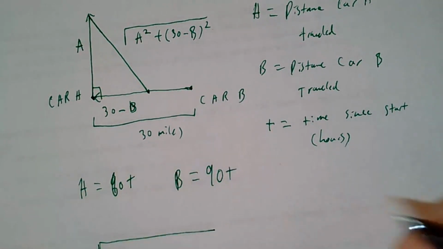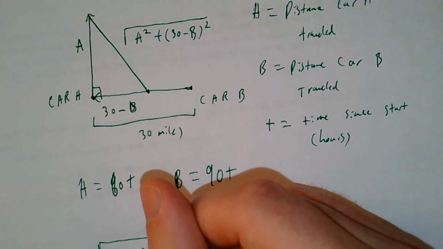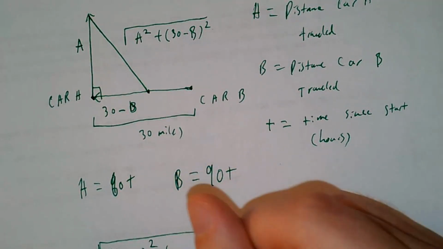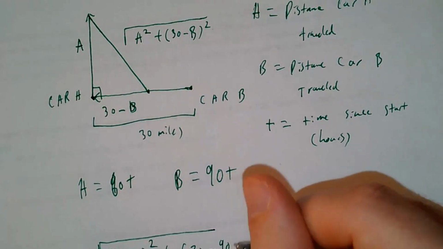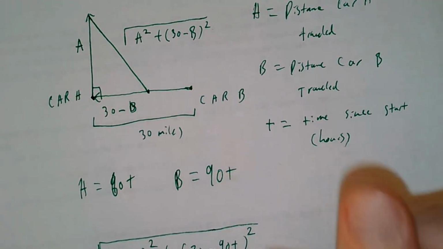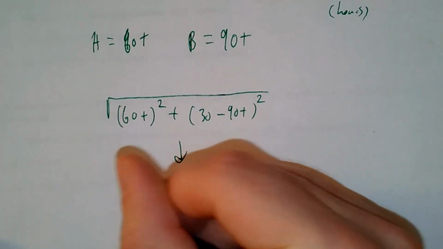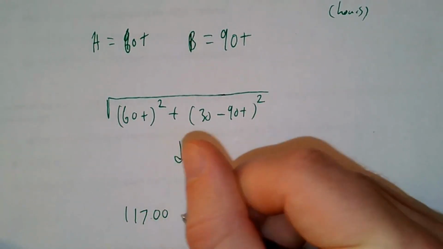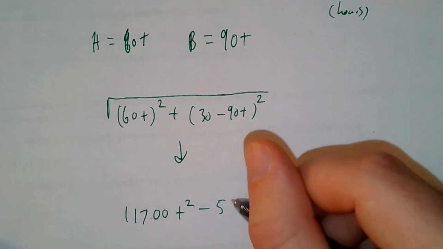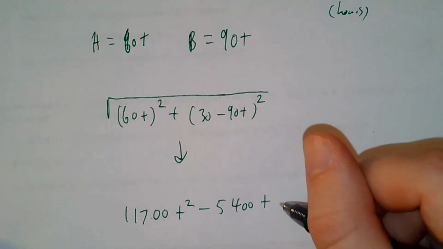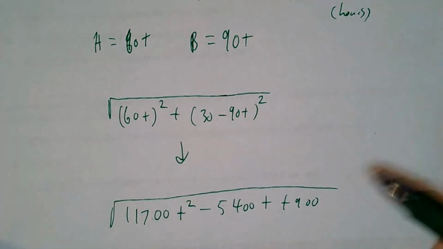We get the square root of (60t) squared plus (30 minus 90t) squared, which becomes the square root of 11700 t squared minus 5400 t plus 900.